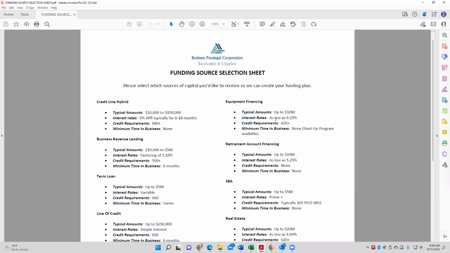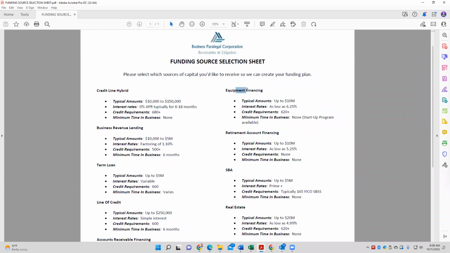Interest rates very reasonable. Credit requirements are quite reasonable. And in general, there's no minimum time in business. Now, there is a specific startup equipment financing subset as well. So yes, equipment financing can be accomplished by brand new businesses.